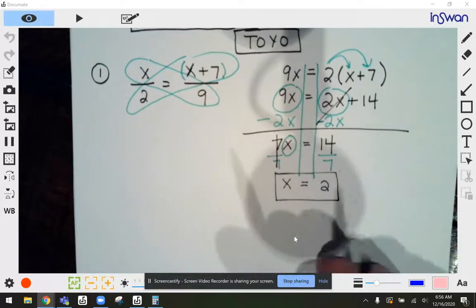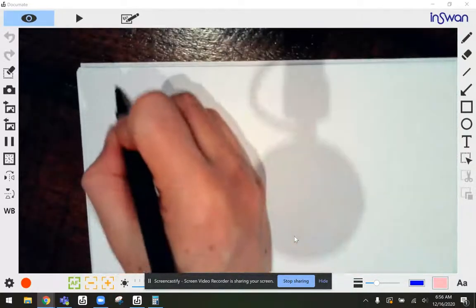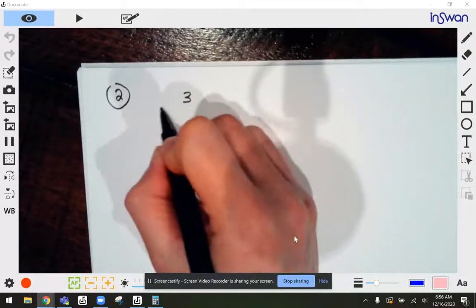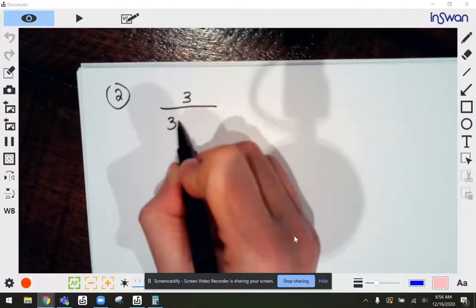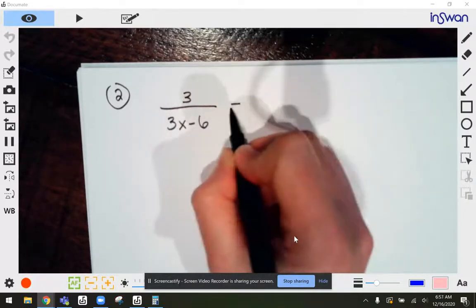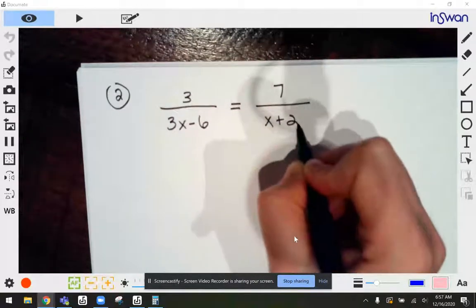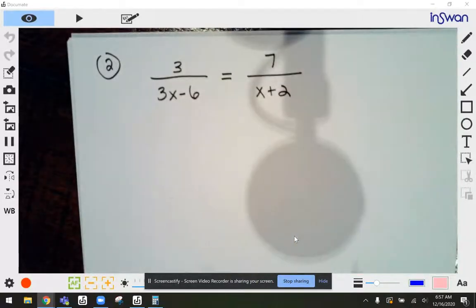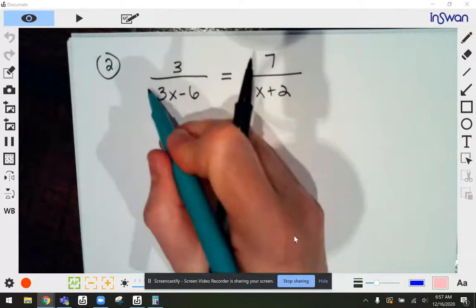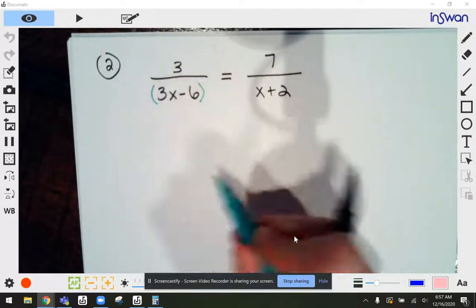All right, we've got one more try on your own. Okay, so number 2 is 3 over 3x minus 6 equals 7 over x plus 2. Pause the video. Don't forget your parentheses. All right, hopefully you did that. Parentheses here and here.